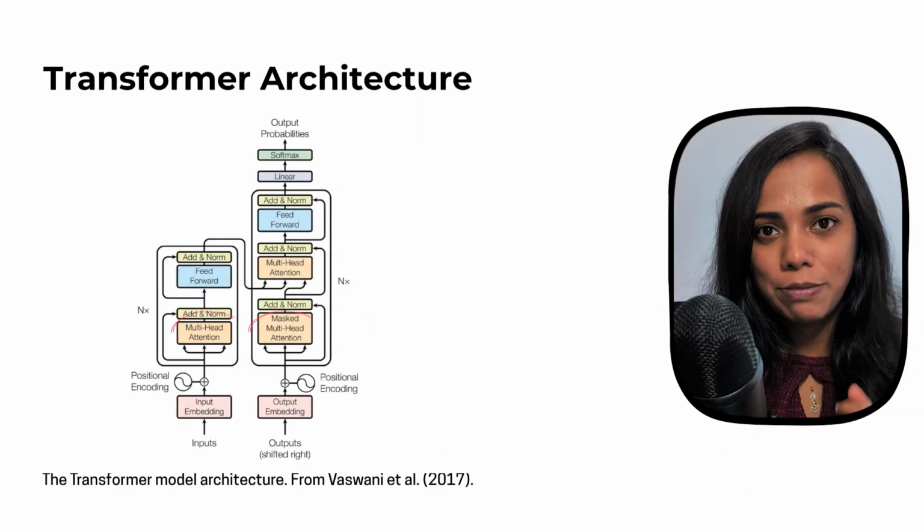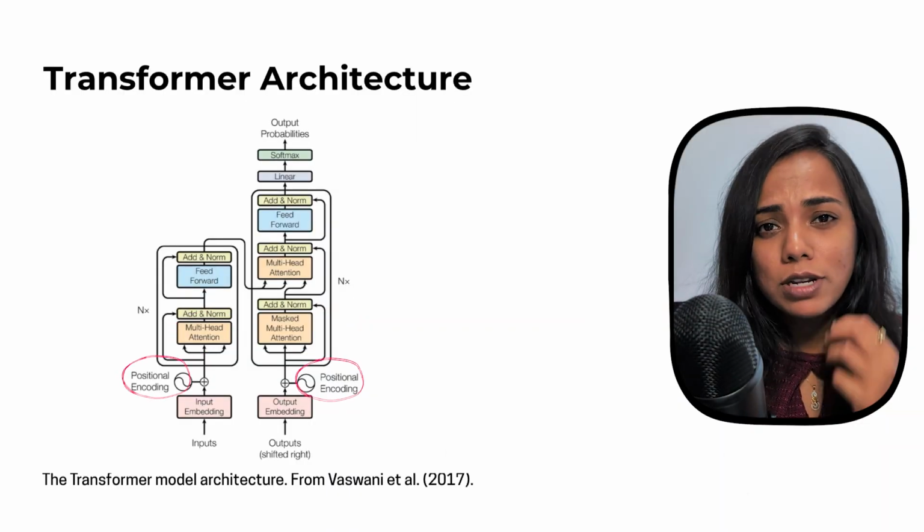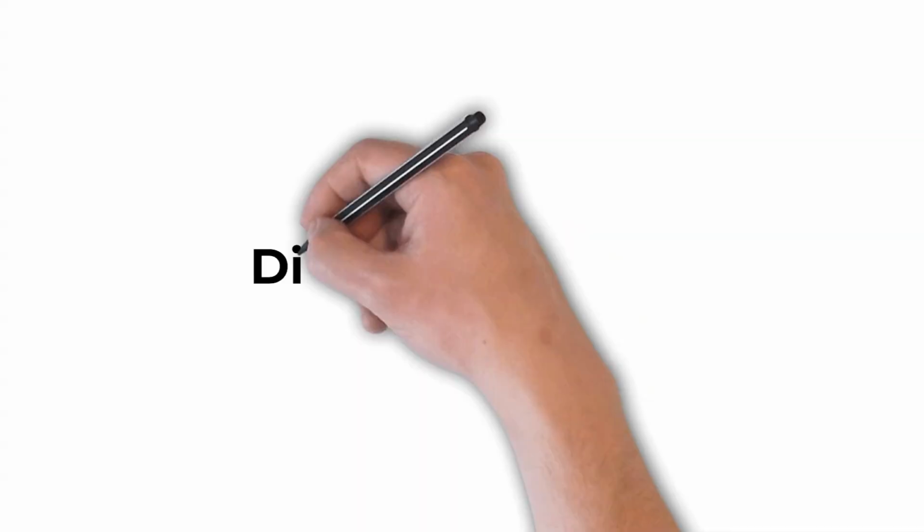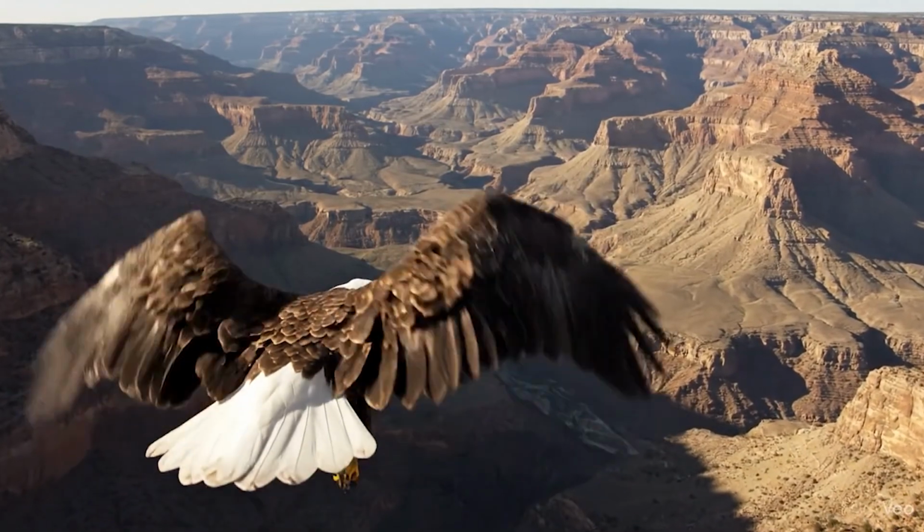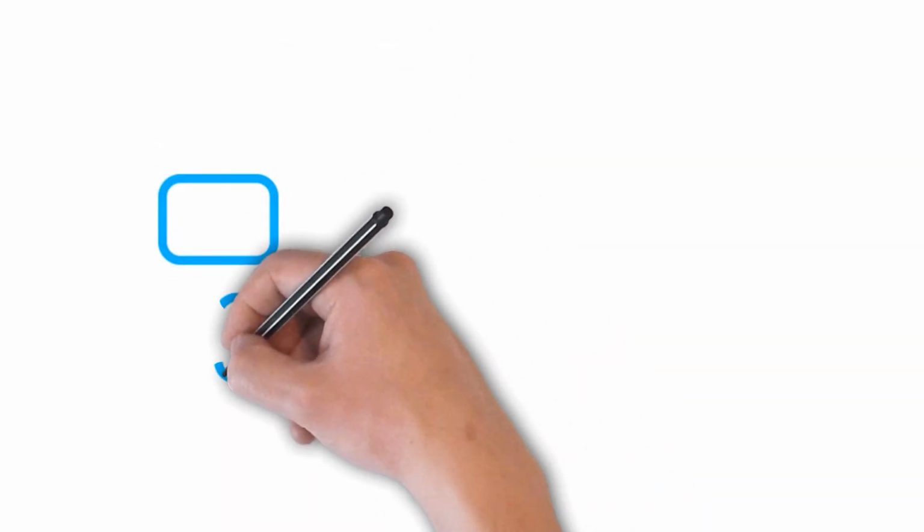Just like transformers have key components like the attention mechanisms, positional encodings, and feed-forward layers, generative models also have their distinct building blocks. So first up, let's discuss diffusion models, which are behind the stunningly realistic image and video generation. So typical diffusion models have the following core components.